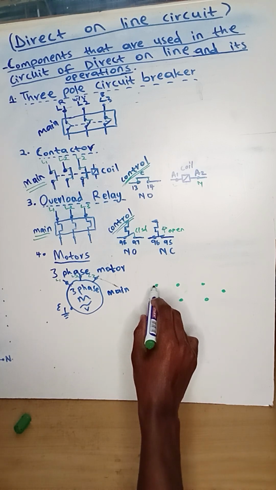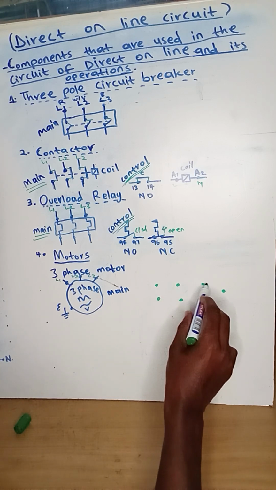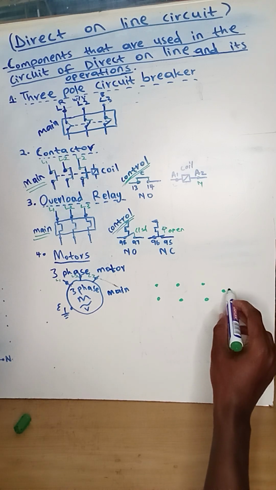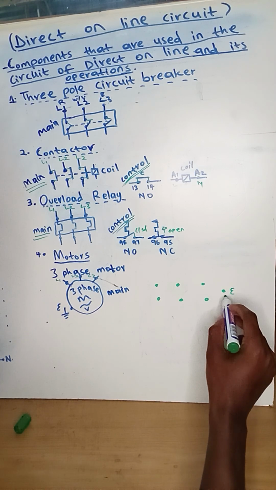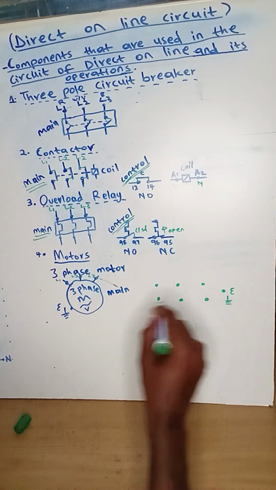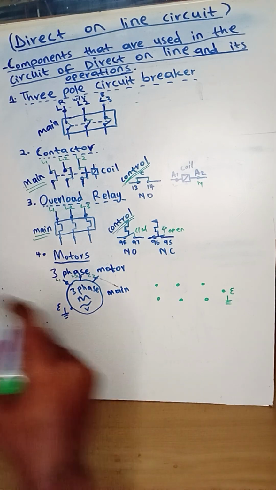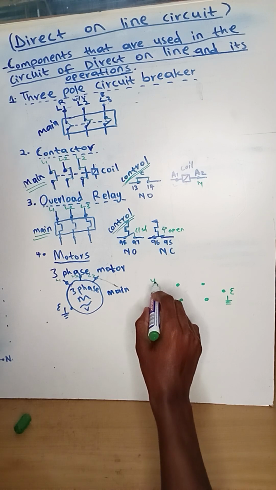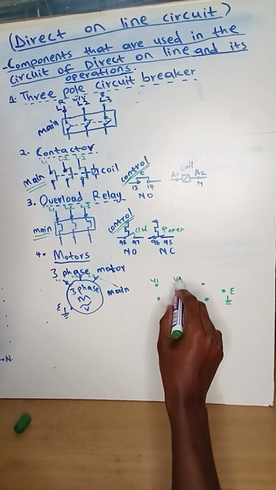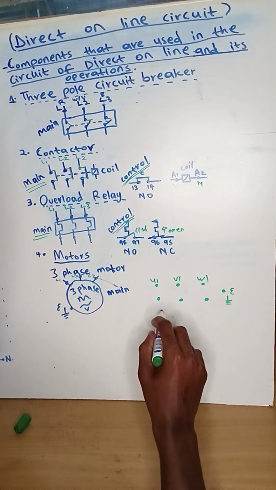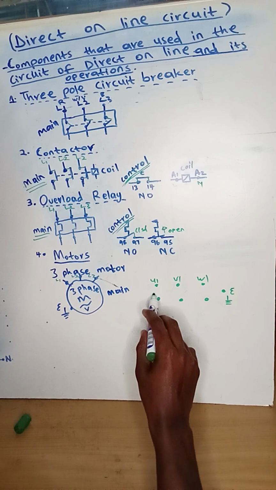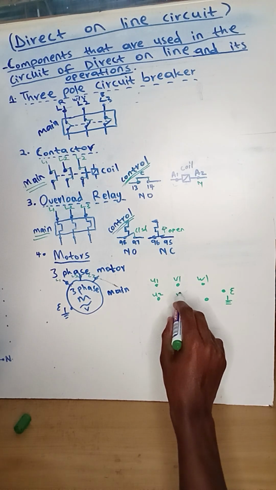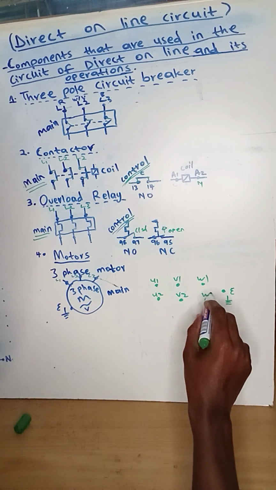The top 3 points, the bottom 3 points, and the last one. The last point is our F, and this is the symbol of F. The top 3 points are U1, V1, and W1, and the bottom ones are U2, V2, and W2.